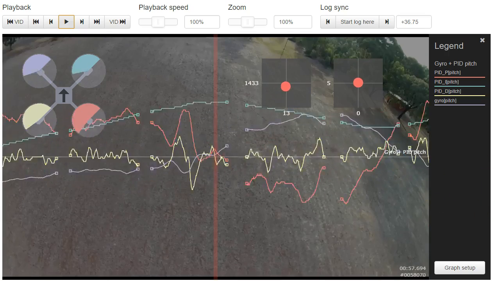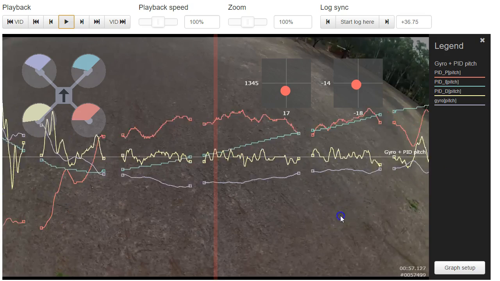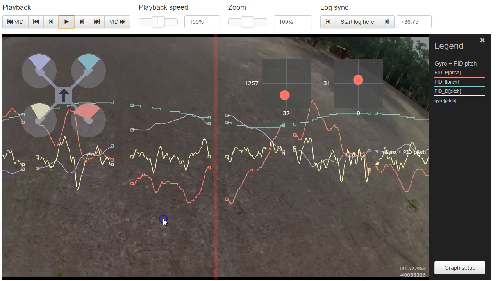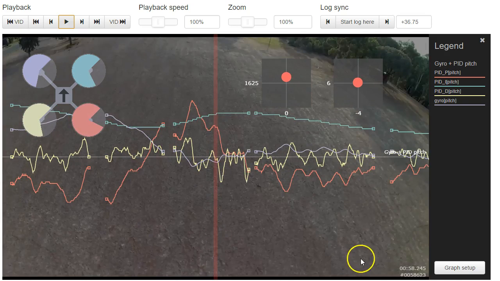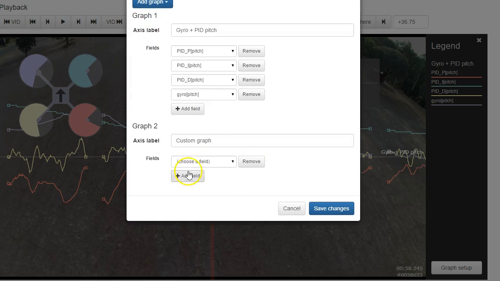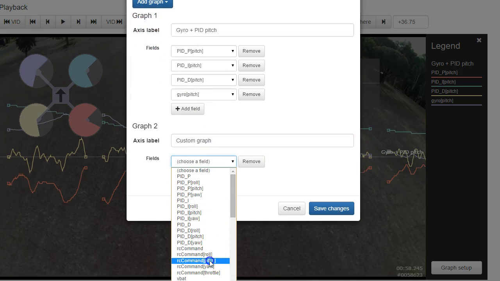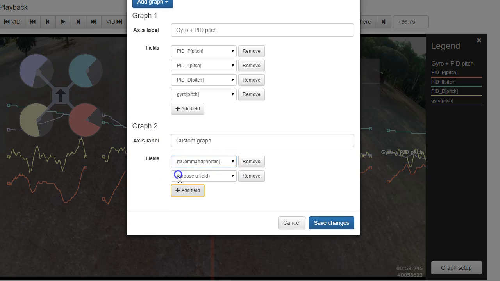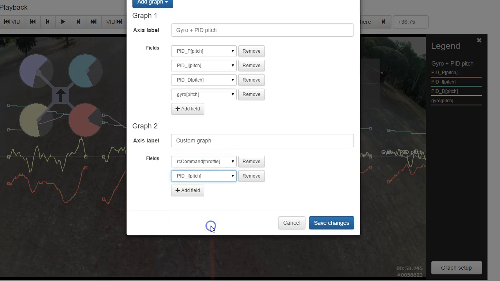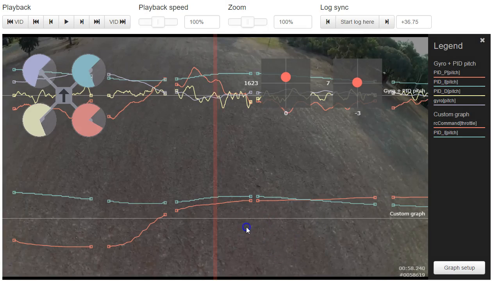So here, as you raise the throttle, we can see that the I term goes more positive. And in fact, what I'd really like to see, this is a new one on me, I'd like to see your RC command of your throttle and your I term on pitch, and watch them together.